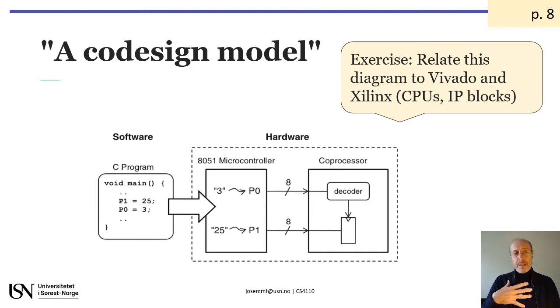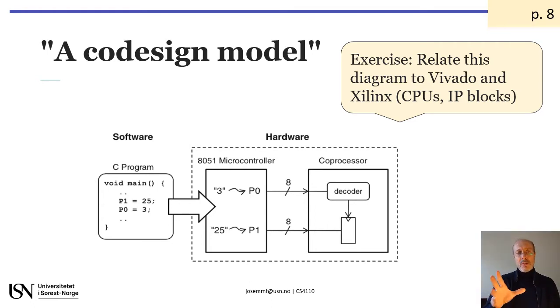And I may start by asking you, can this hardware be modeled as a RTL program? And can this example represent a hardware-software co-design application? Again, please check the book pages indicated on the top right corner for further information.